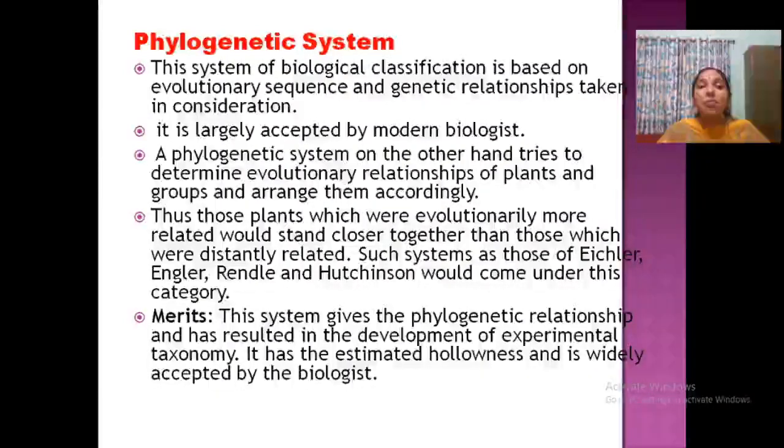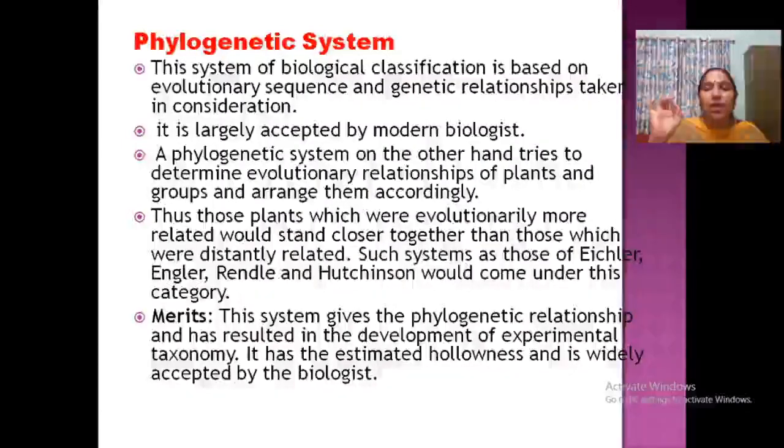Now, the third one is the phylogenetic system. This is the most widely accepted and advanced system, based on evolutionary sequence and genetic relationship. It is largely accepted by modern biologists. Here they try to determine the evolutionary relationship of plants and their groups, considering the origin and root of their evolution.